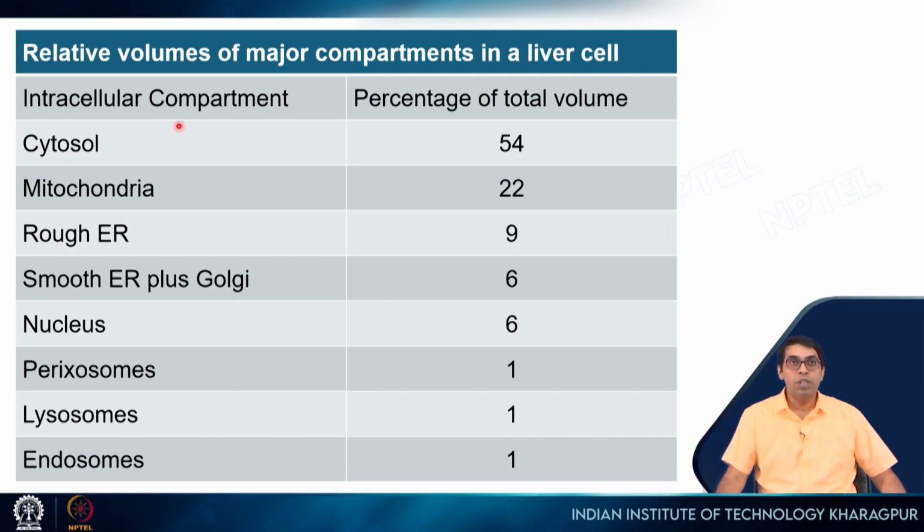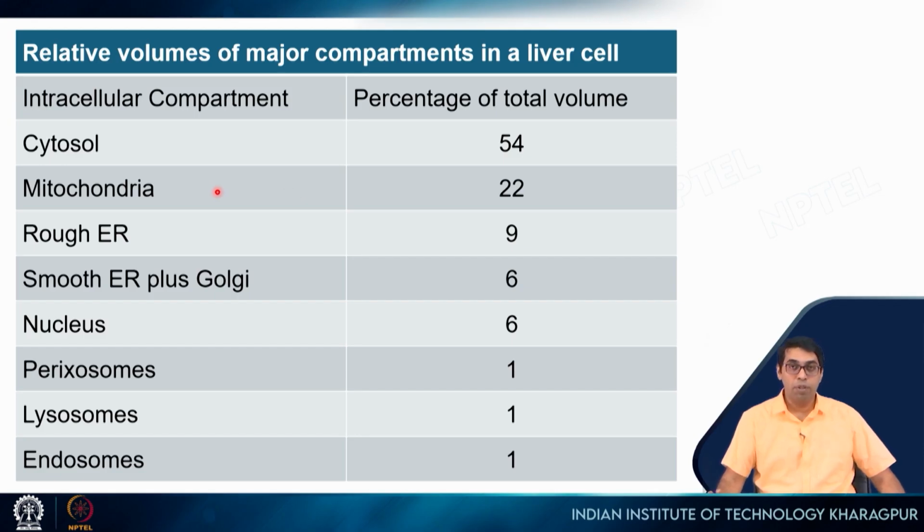This table shows the relative volume of these different organelles that are present in a cell. In this case it is given for a typical liver cell. Volume wise, cytosol has the largest volume. It occupies more than half of the cellular volume. Then the next big organelle is mitochondria.